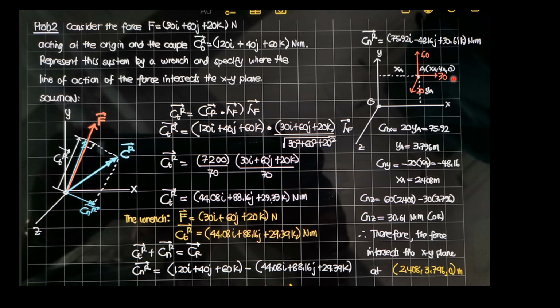Then the moment of the 30 newton force is negative, so minus 30 times YA, which is 3.796, and it is 30.61 newton meters. So that means it checks with this value here, so these answers are correct. So the force intersects the XY plane at the point 2.408, 3.796, 0 meters. So that's it for this video.